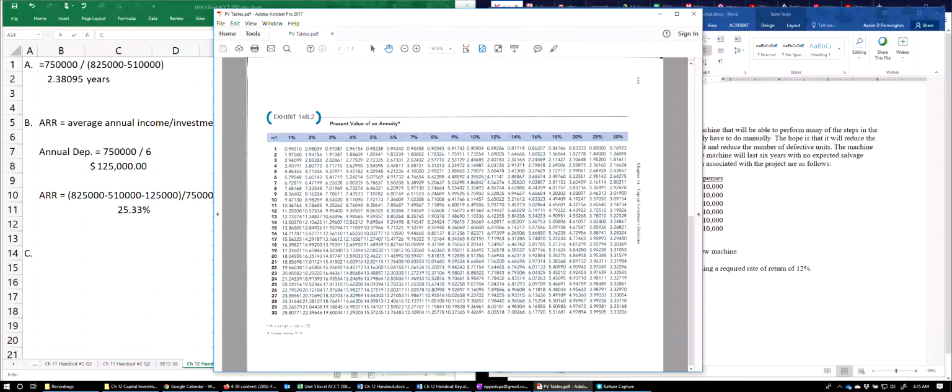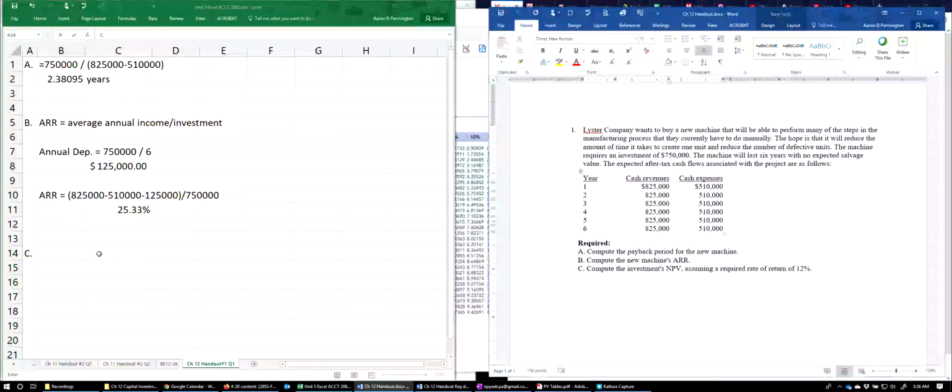So our factor, and I know it's a lot of numbers here, but the one that's relevant for us is 4.11141. All right. So we'll take the present value of future cash flows. All right.